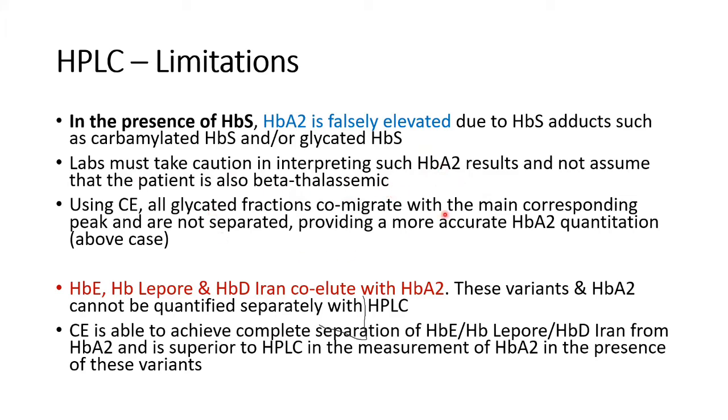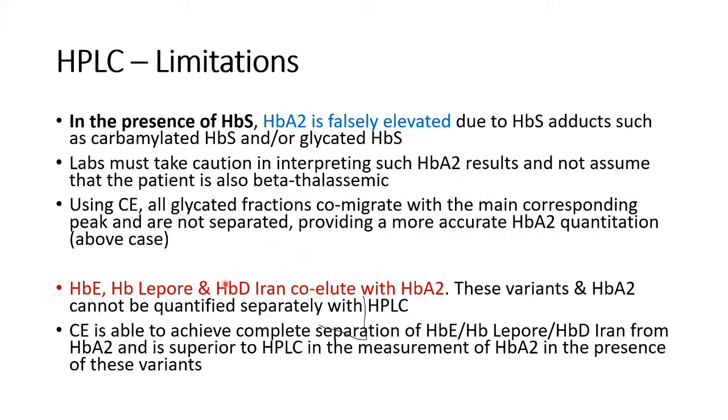One way to ameliorate this is by doing capillary electrophoresis, where hemoglobin A2 gets separated differently and all the glycated fractions co-migrate. So it gives a more accurate quantification of hemoglobin A2, and they're not separated like in HPLC where A0, A1 are all separated, whereas in capillary electrophoresis, all the adult fractions come in the adult region.